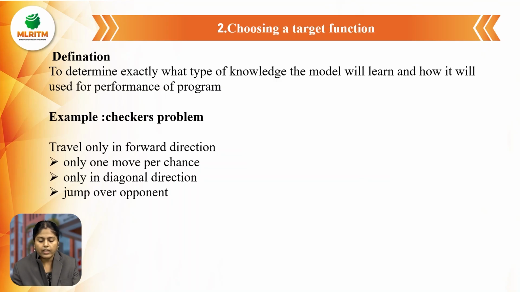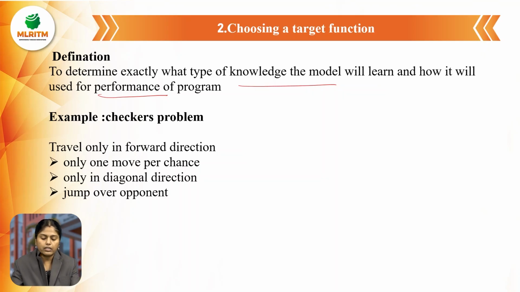How do you determine the knowledge of the model? By the performance only. If the performance is good, we can say the model is very accurate. If the performance is not good, then the model is not accurate.